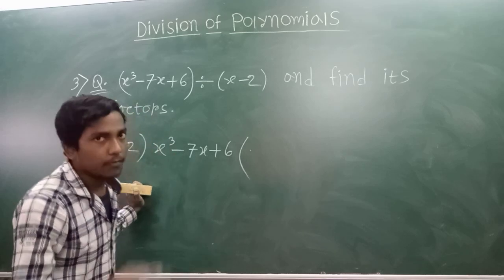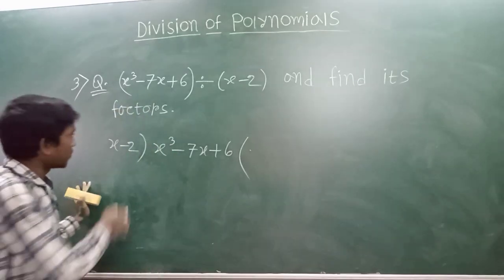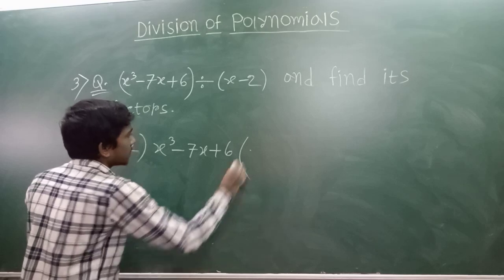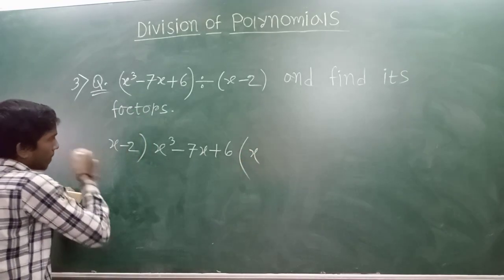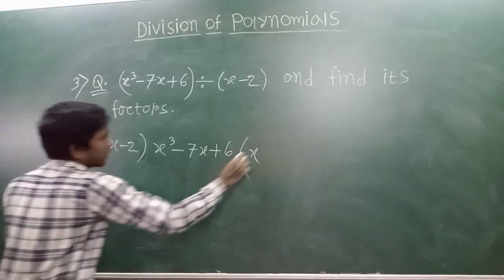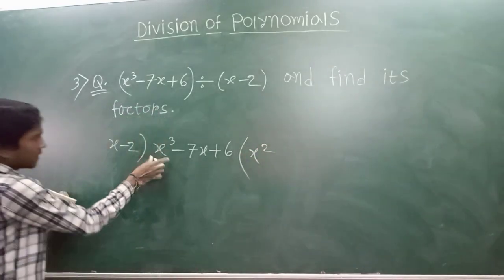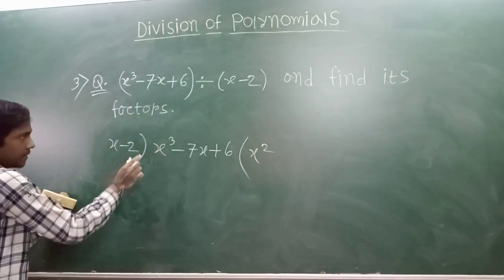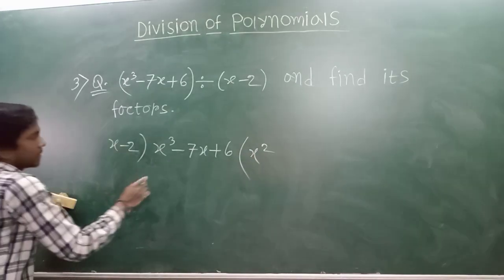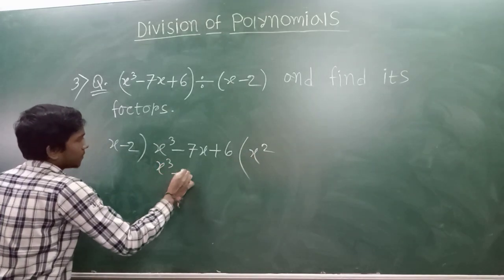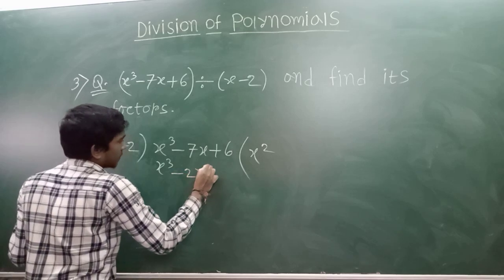Then if you cannot solve, see my solution. So x cube by x is x squared. Write it here. Multiply x squared by this. So it becomes x cube minus 2x squared.